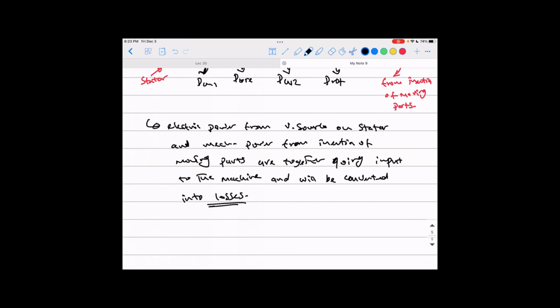So all the power, the electric power coming from the source and the mechanical power coming from the inertia of the moving parts, will be translated into losses.